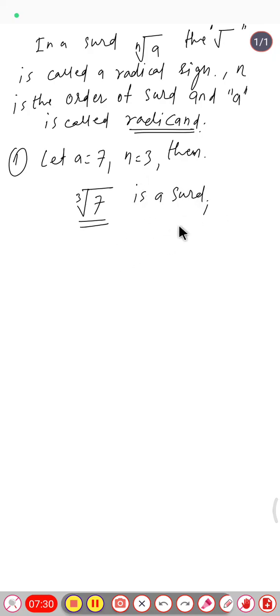Why do we call it a surd? Because this number is an irrational number.